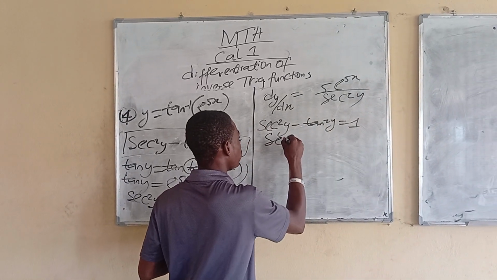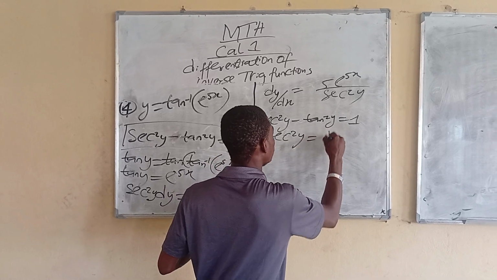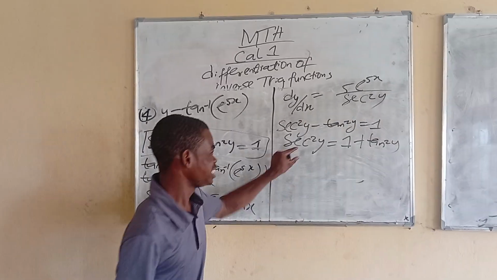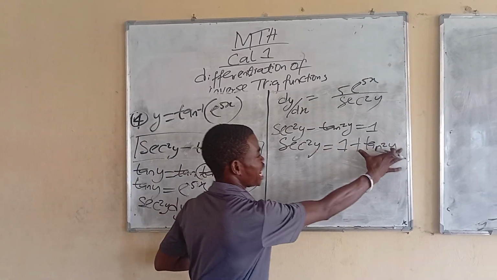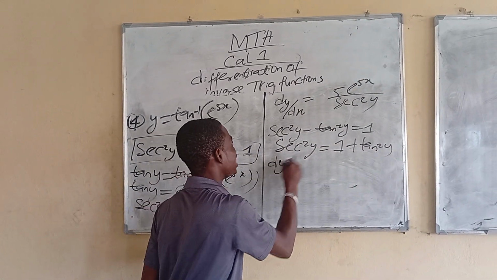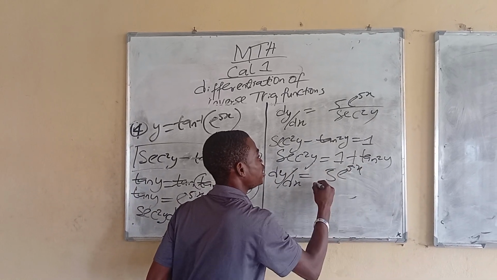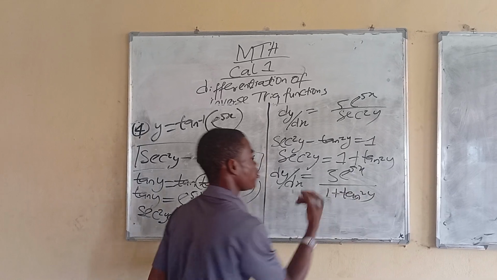So that your sec squared y equals 1 plus tan squared y. Now this is sec squared y, this is sec squared y. We can replace our sec squared y with this. So dy over dx equals 5 exponential 5x divided by 1 plus tan squared y, right?